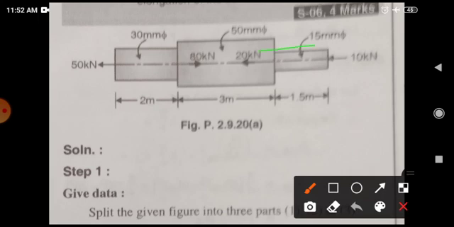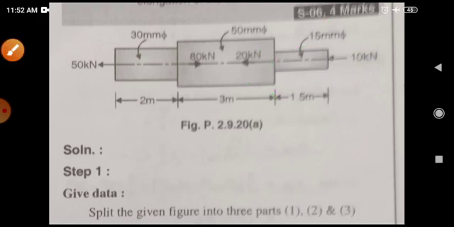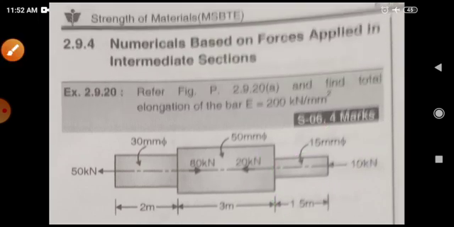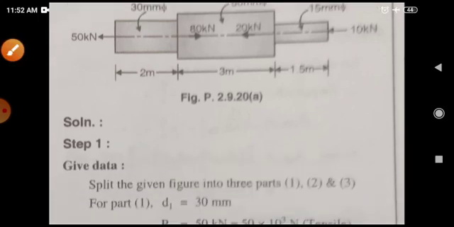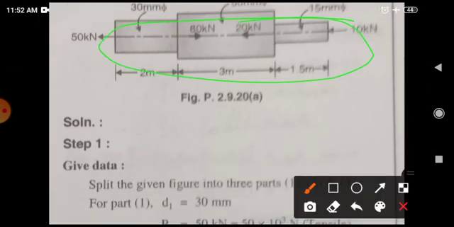The rod is given. Let us discuss only this element. 10 kilonewton is compressive. You have diameter, that means you can calculate area. You have its original length, so you can calculate its change in length also. First, see what they have asked to calculate: find the total elongation of this rod.